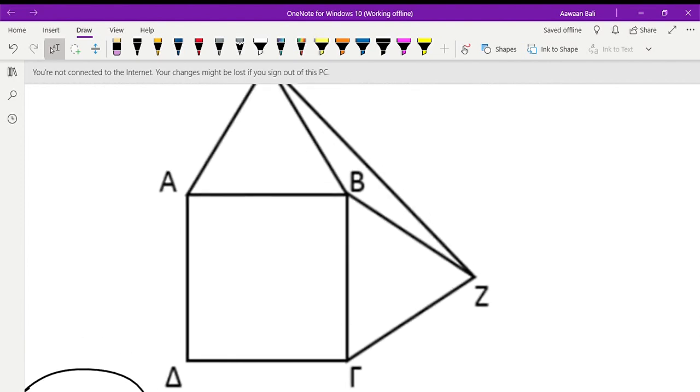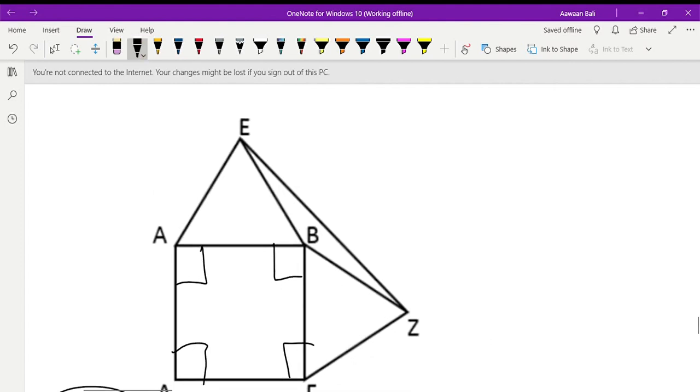Okay, so this square here, it's a normal square, and every square has 90-degree angles. So we can say this is 90 degrees, this is 90 degrees, this is 90 degrees, and this is 90 degrees. But we only need to focus on this. Now we have equilateral triangles. Lateral is kind of side, and equi is equal. So like equal side triangle.